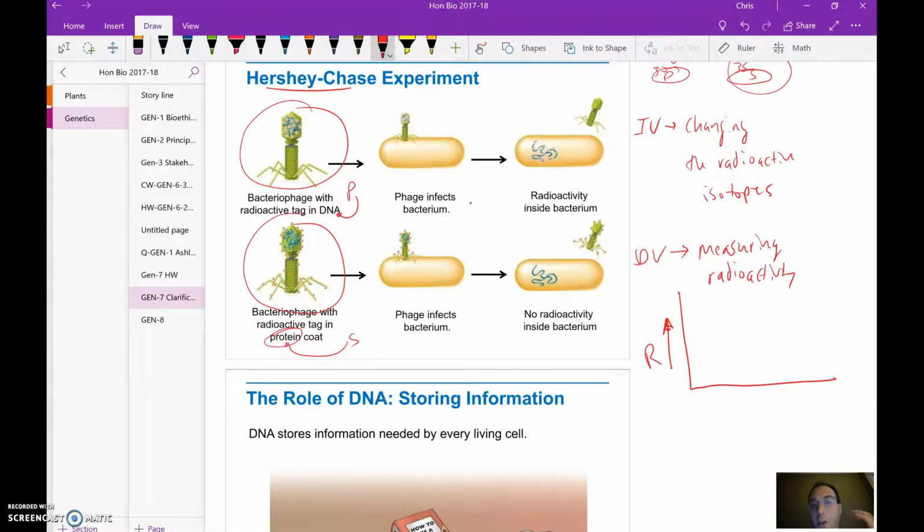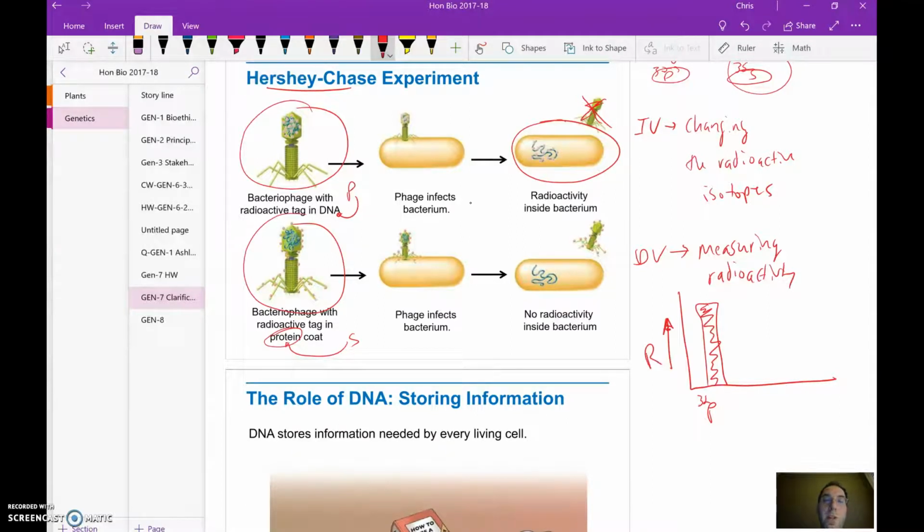So let's say you do this experiment, okay? And in your first experiment, you label the DNA with the phosphorus. Then you measure the amount of radioactivity in the bacteria after removing all of the virus, and you see, whoa, you have a big signal with P32.